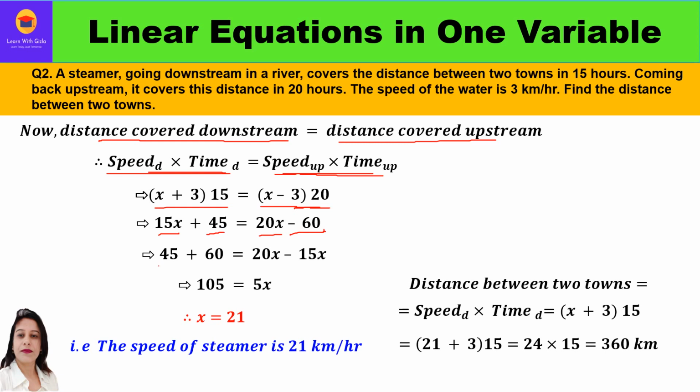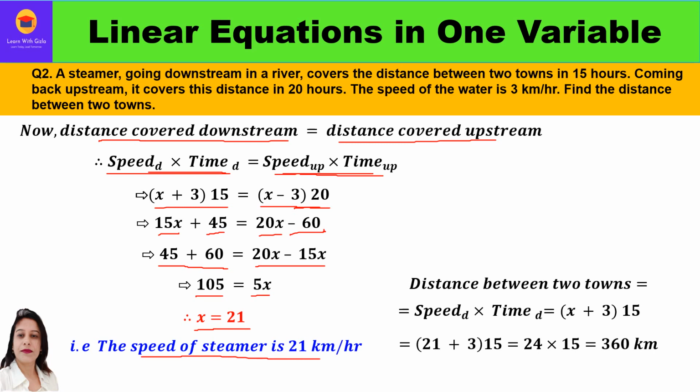So 45 plus 60 is equal to 20x minus 15x. Further 45 plus 60 is 105, 20x minus 15x is 5x. So x is equal to 105 divided by 5, that is 21. So we can say the speed of the steamer is 21 kilometers per hour.